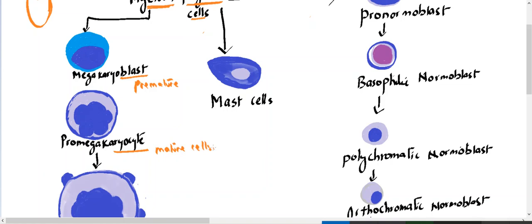And also you can see that the blast cells are more blue in color. Blue in pathology is basophilic. So they are more blue and they are premature cells, and the cytes are mature cells and they are lighter in color.